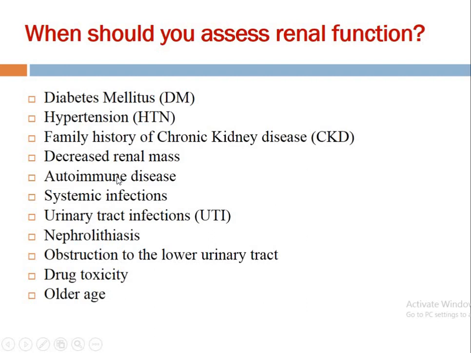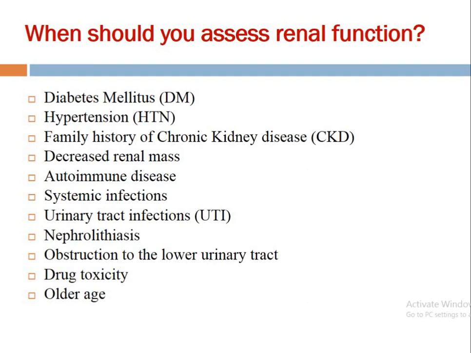There are certain autoimmune diseases which can affect the kidney functions. These autoimmune diseases, just like SLE or vasculitis. So SLE is systemic lupus erythematosus. That is an autoimmune condition, and that can affect multiple organs, including the kidney.